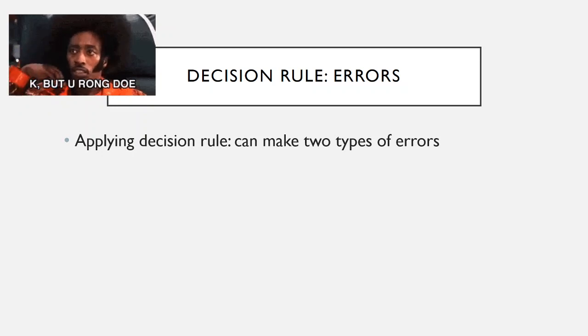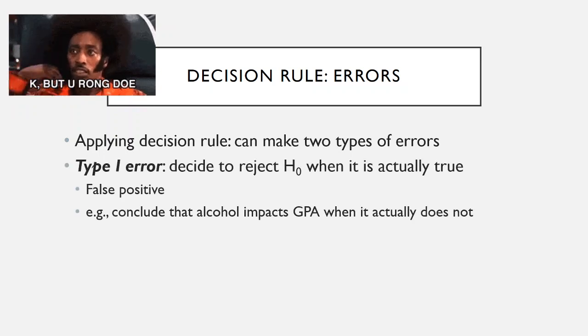When applying our decision rule, we're basically locked into a logical reality where we can make 2 distinct types of errors. I'm sure you've heard of type 1 and type 2 errors. This just refers to the fact that there's 2 possible kinds of mistakes we could make when we're using this inferential statistics process. Your type 1 error is when we decide to reject the null when it's actually true. Otherwise stated, a false positive.